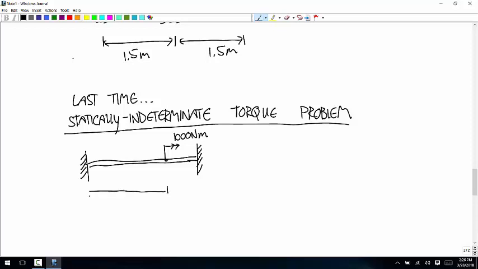This was 3 meters, and that was 1 meter. It was a circular cross section with a radius of 1 centimeter.